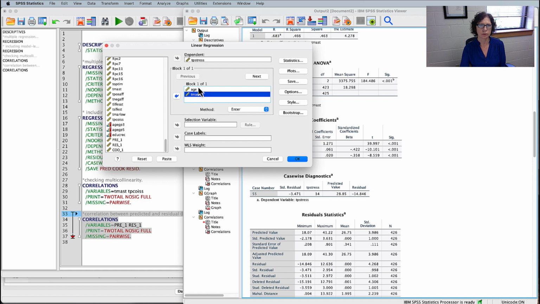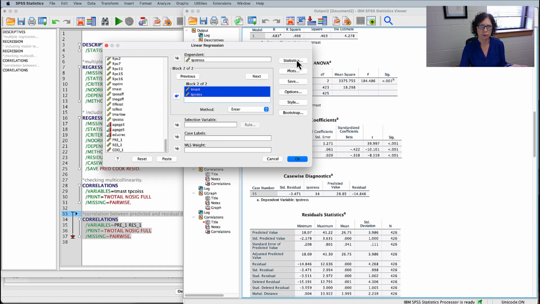So those are in block 1 of 1. Then we want the Next button. When you hit Next, now you have block 2 of 2. And this is where we want our main predictors, or predictors of interest, T-MAST and T-PCOS, right there.